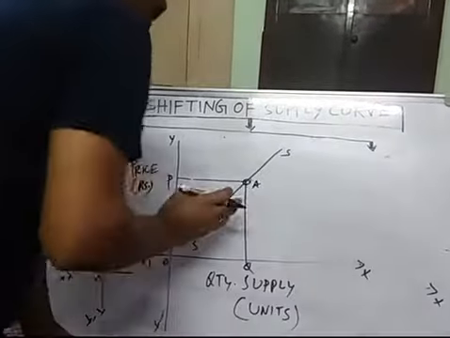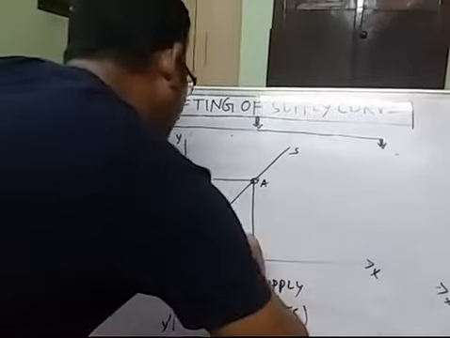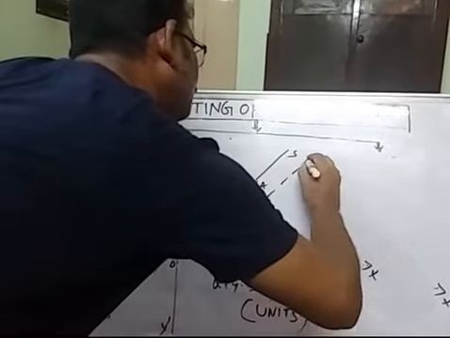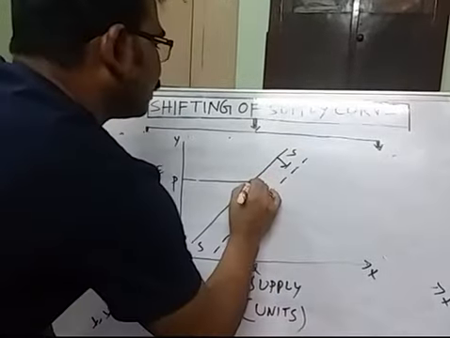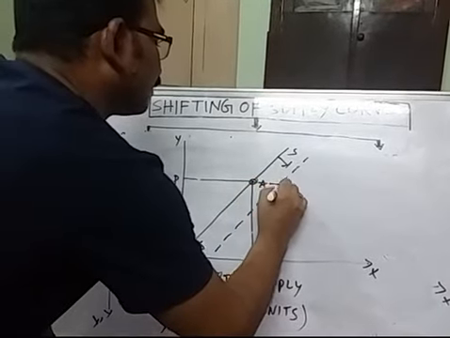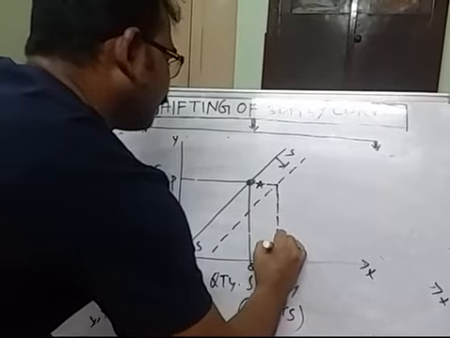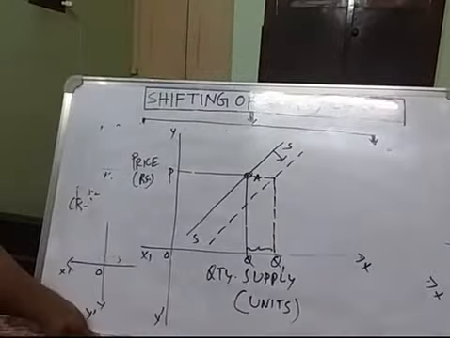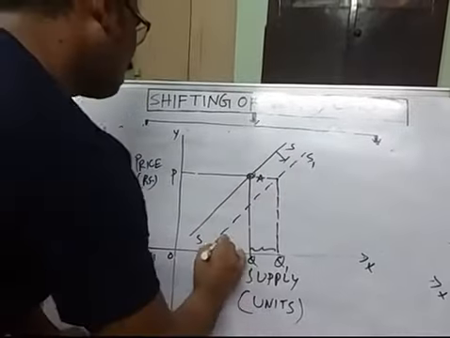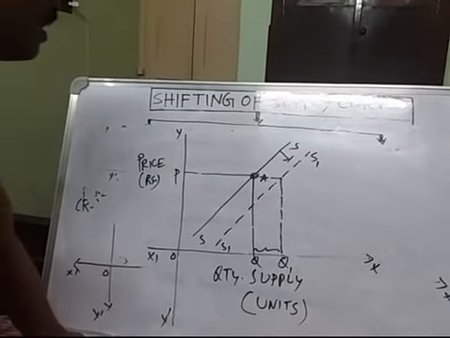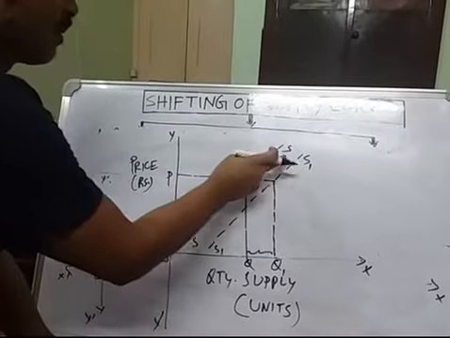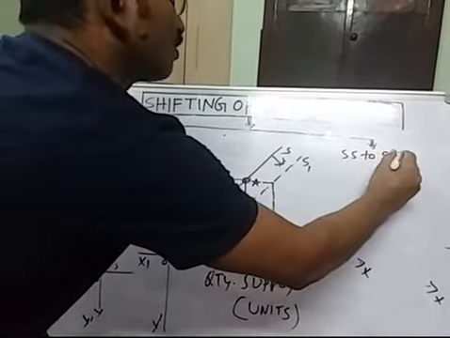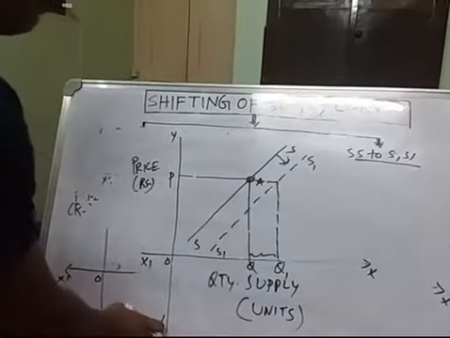Suppose the supply curve shifts to the right side, then a new supply curve arises. When the new supply curve is S1, see, due to the shifting of the supply curve from SS to S1, what is happening?